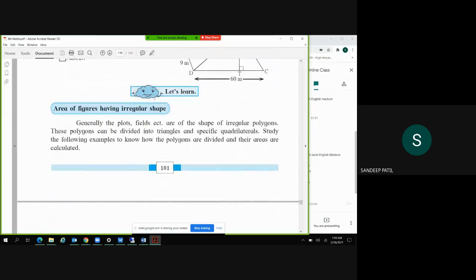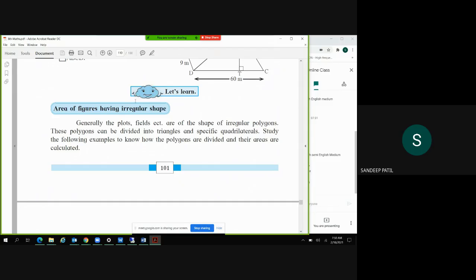So now we will see the area of figures having irregular shape. Generally the plots, fields, etc. are of irregular shape, as we were discussing, right?